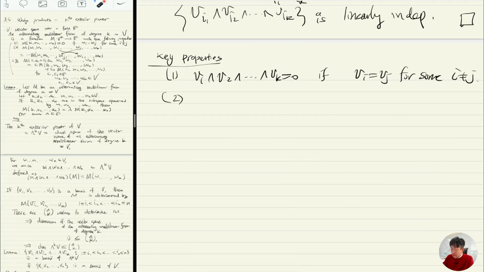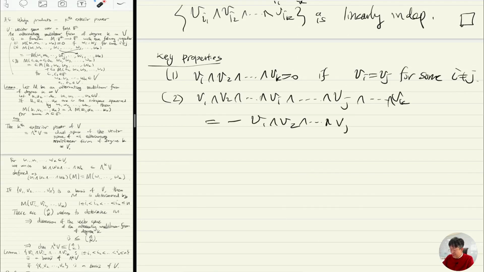Second property: v1 wedge v2 wedge ... vi ... vj ... wedge vk is equal to minus v1 wedge v2 wedge ... vj ... vi ... wedge vk.